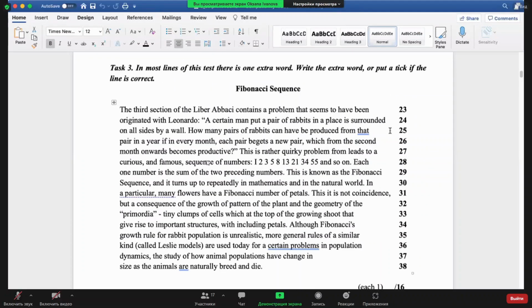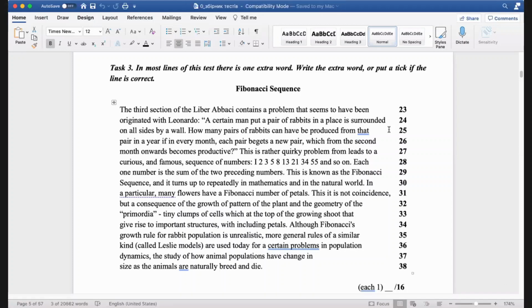So, task number 3. Most lines, but not all, pay attention, have extra words. You have to find out which words are odd out. Okay, how would you like to do this task? First, you would like to read and make notes, and after that we'll check, or simultaneously reading and finding out the mistakes.